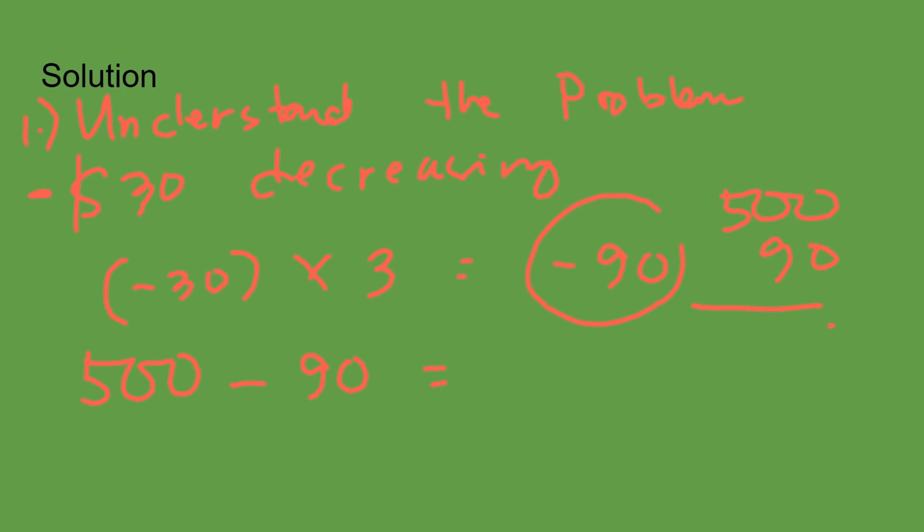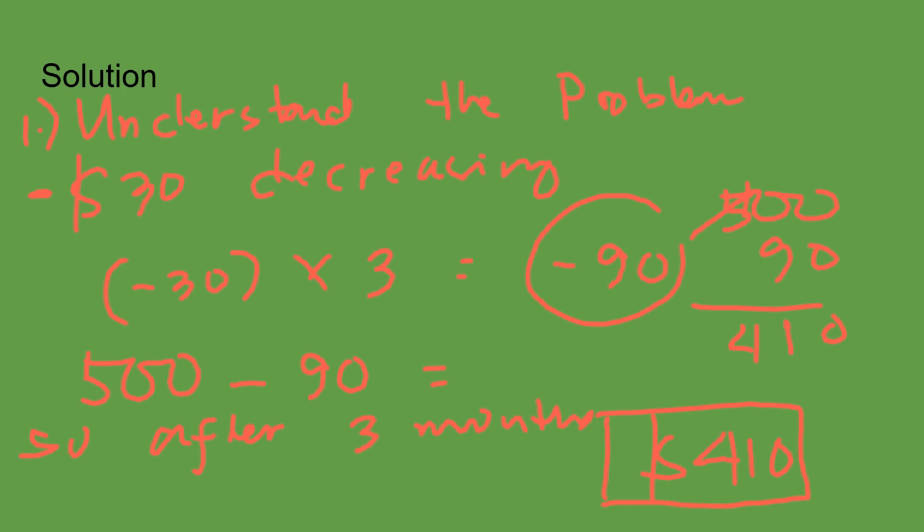That would be 0, and then we borrow 1, so that would be 1. After 3 months, your bank account balance is now $410.